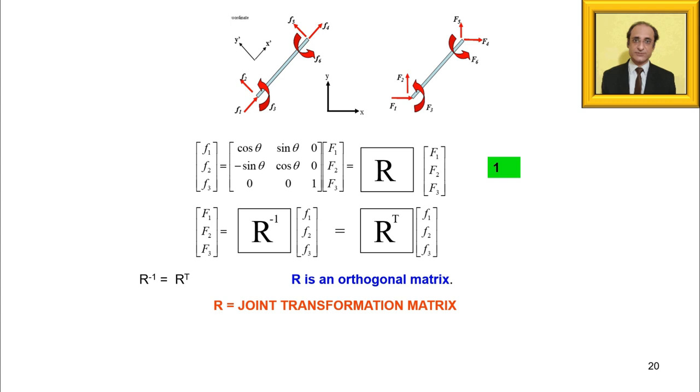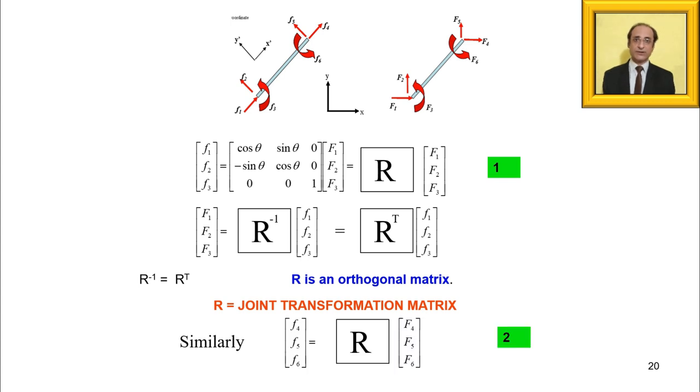So we can define this as the joint transformation matrix: all the forces or displacements at a joint can be transformed to the other coordinate system using this matrix. We can write it for the other end also in the same format, pre-multiplying the global forces or global displacements with R, and we get everything in local terms.